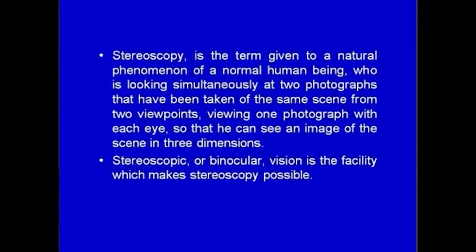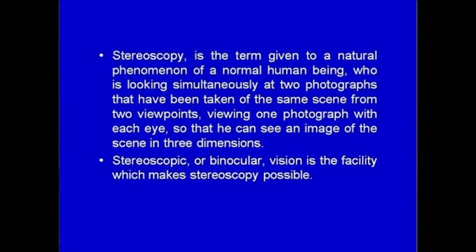Stereoscopy is the term given to a natural phenomenon of a normal human being who is looking simultaneously at two photographs that have been taken of the same scene from two viewpoints, viewing one photograph with each eye so that he can see an image of the scene in 3 dimensions.